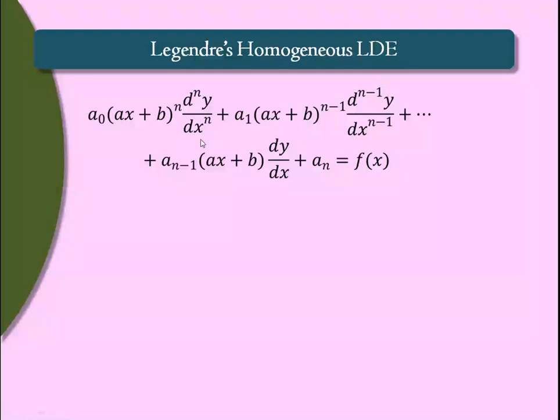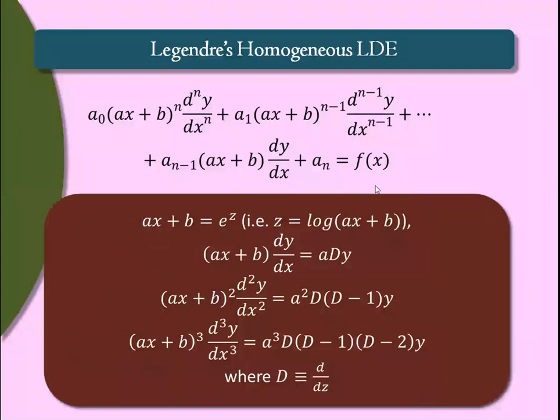There is one special substitution by which we can reduce this equation to the previous form, that is, a linear differential equation with constant coefficients. So what is that substitution?